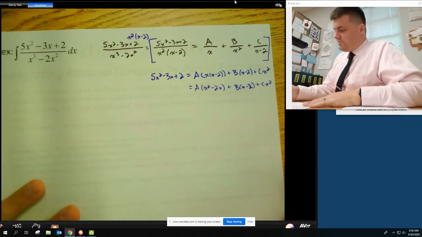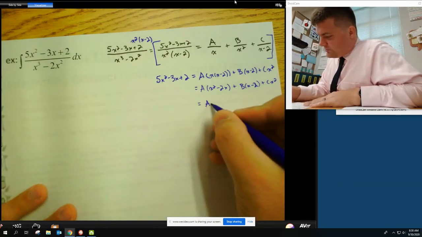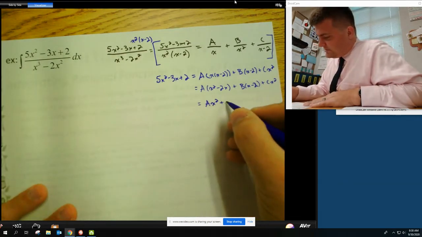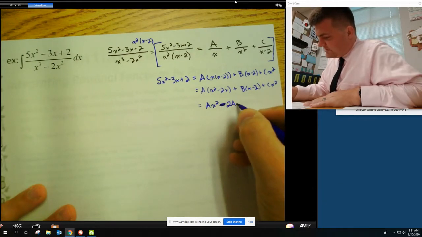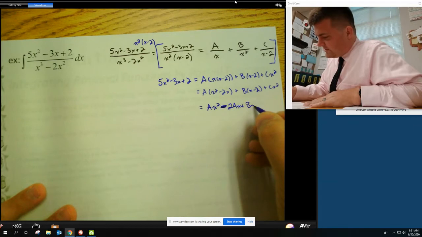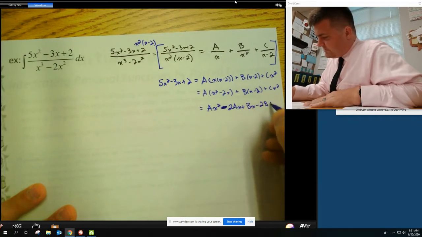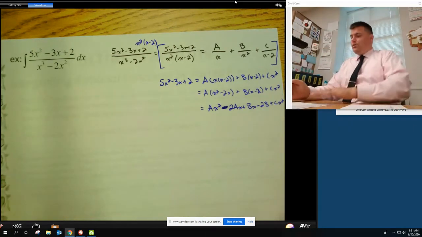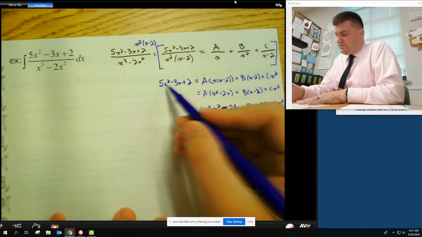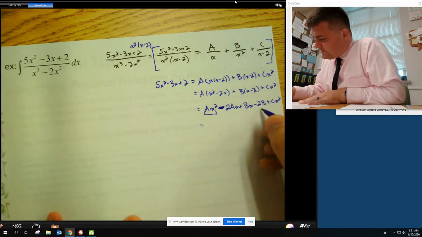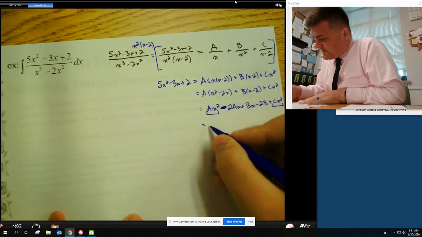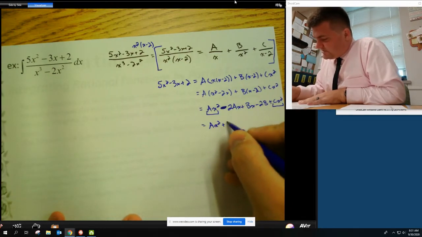Now I'm going to distribute everything so that I have Ax squared minus 2Ax plus Bx minus 2B plus Cx squared. I'm now going to organize this so all of my x squareds are in front, then my x's, and then just my constant. For my x squareds, I just have these two guys. So I have Ax squared plus Cx squared.